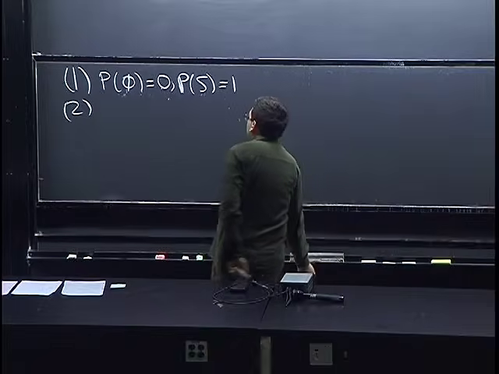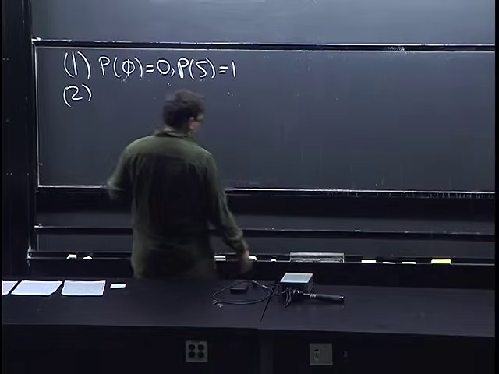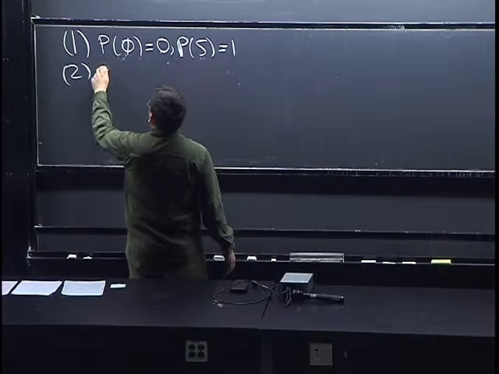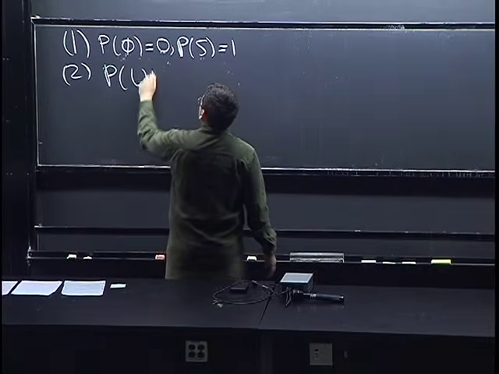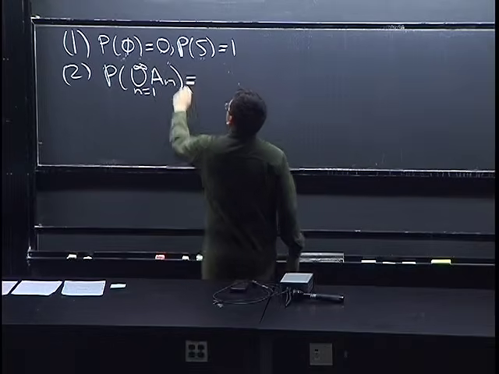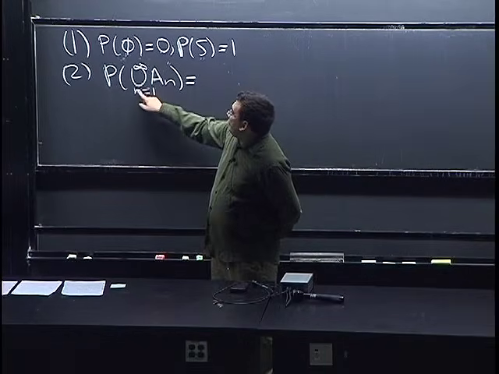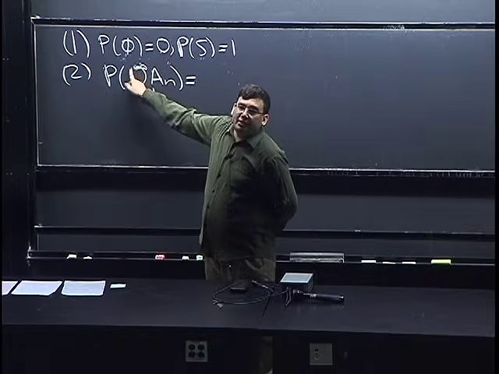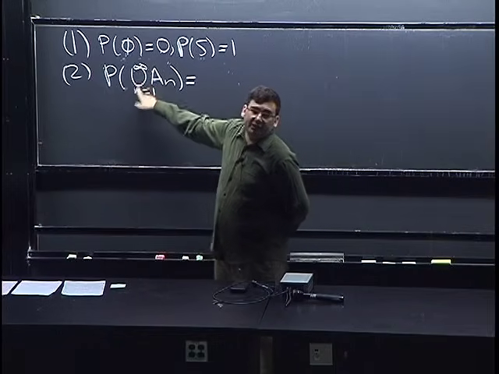Okay, and then there's only one other axiom, which is the fact that the probability of a union, which could be a finite union where I go from n equals 1 up to m, say, or up to infinity, either way.